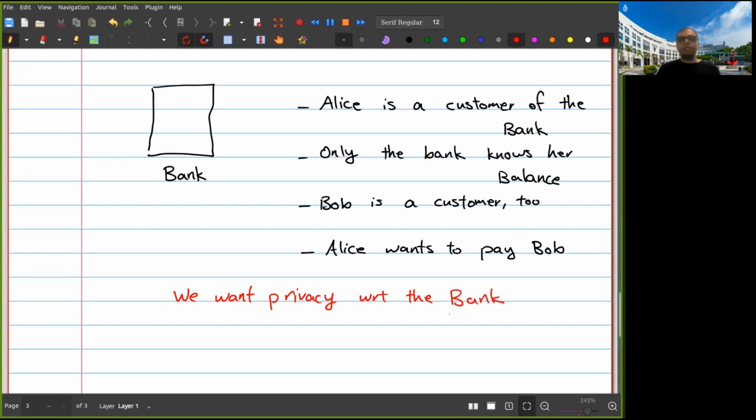So I cannot just tell the bank to do a transaction from my account to Bob's account, because if I do that, then the bank knows that I'm the one who's paying Bob. The bank should see two things. The bank should just see that money leaves Alice's account, and it should see that money enters Bob's account.